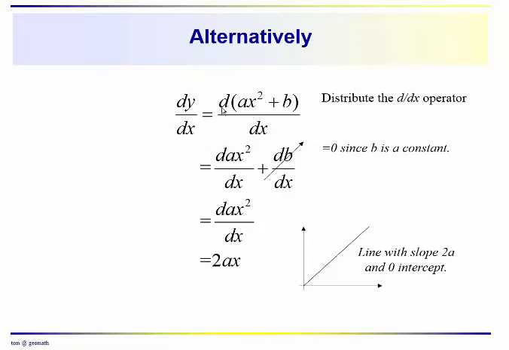We just distribute the derivative operator through the sum. So we get the derivative of ax squared with respect to x plus the derivative of b with respect to x. b is a constant. This goes to 0. We just have the derivative of ax squared, which is just equal to 2ax. So we have a line with a slope equal to 2a and a 0 intercept.